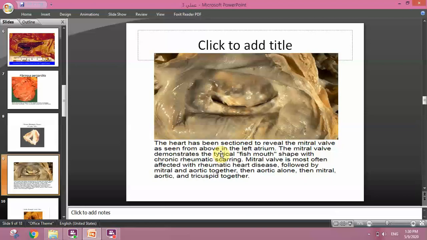This is the gross picture of the mitral valve, which appears fish mouth shaped, a characteristic feature in chronic rheumatic heart disease due to fibrosis and scarring from fibrous deposition.